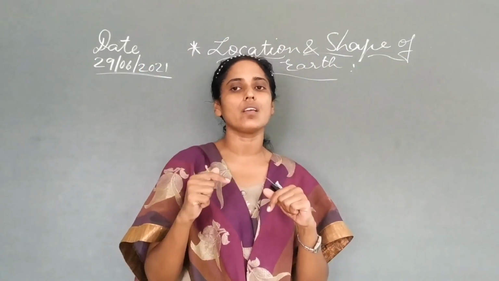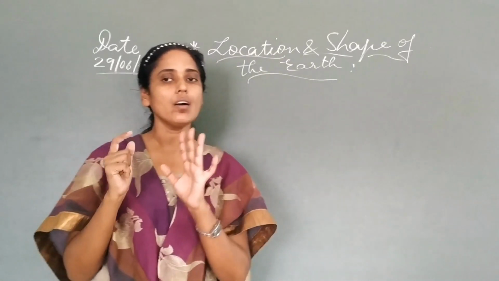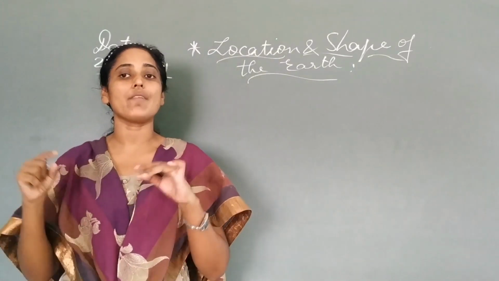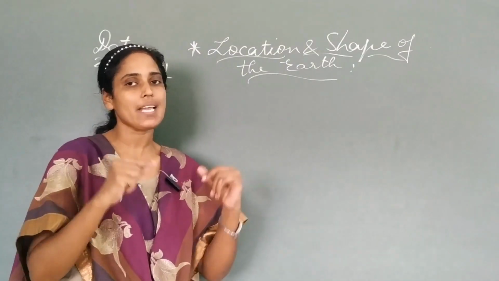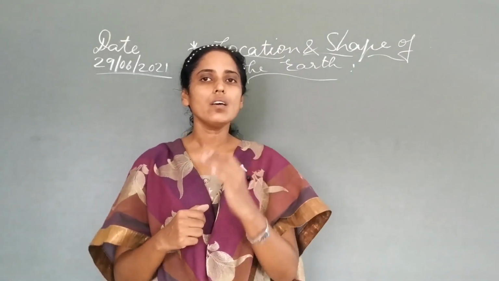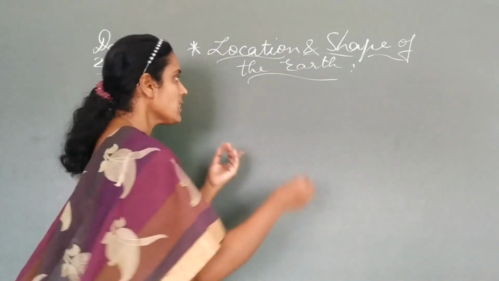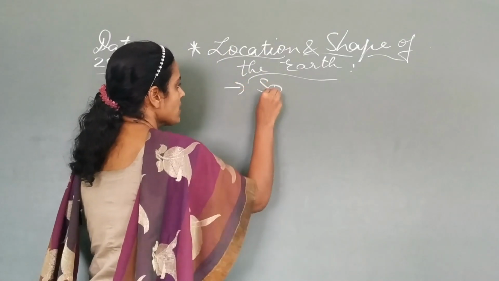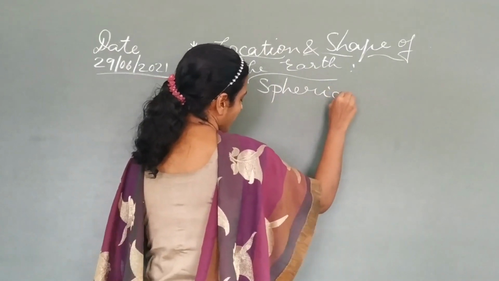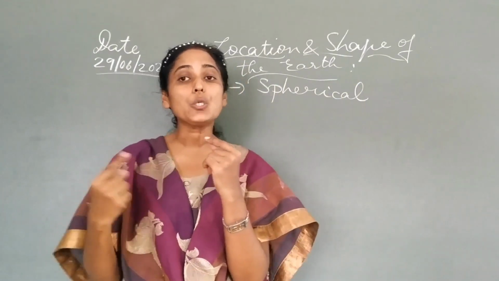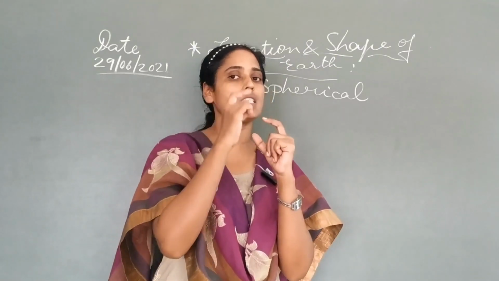This planet earth, as we saw in the video on planets, is the only planet where presently we have life. Living organisms exist. So our earth is such a sphere, that is, the shape of the earth is spherical. Sphere means round or circular, but not exactly a circle.